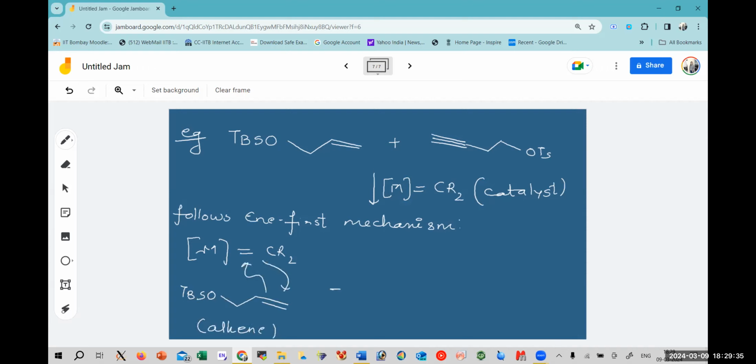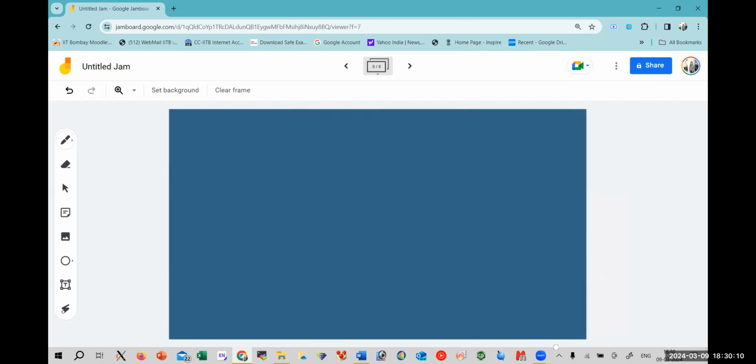So here it will go. We have TBSO. This is your M. This is your R group. But if I just take the CH2, that will make my job a little easier. This is your CH2, H and H. Right? Now again the rearrangement. So here the bond will form and it will release CH2=CH2, which would come in the last step. So we will be having a new metal carbene, which is your metal bound.